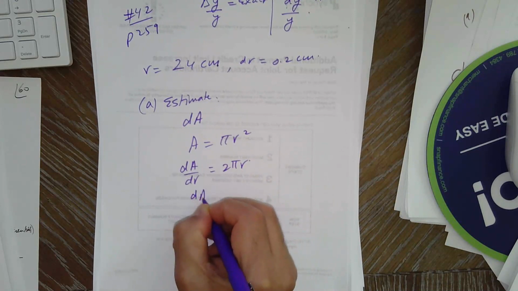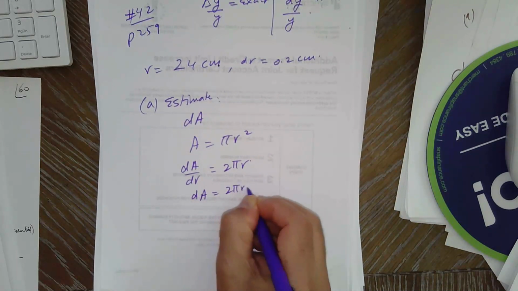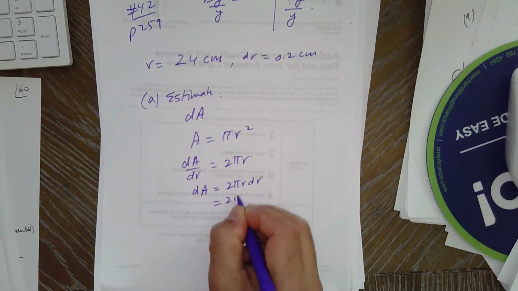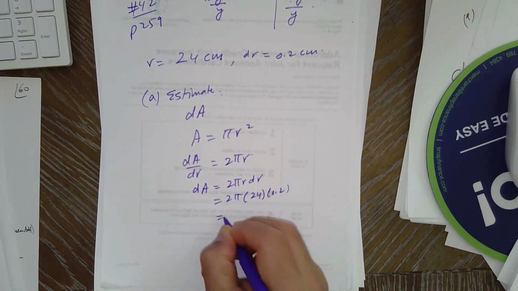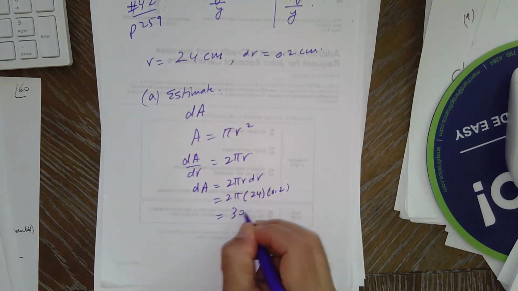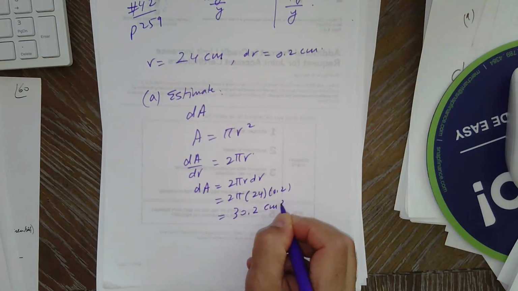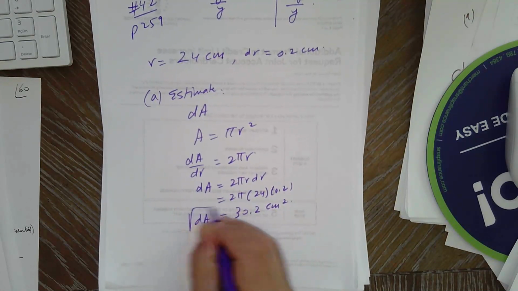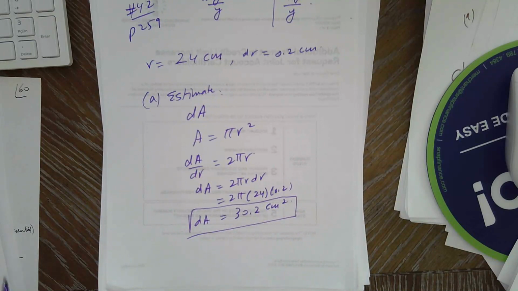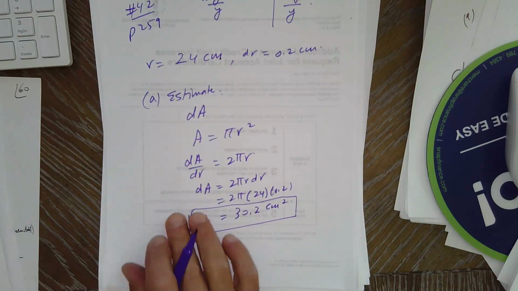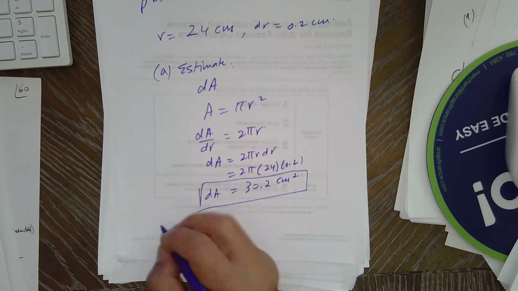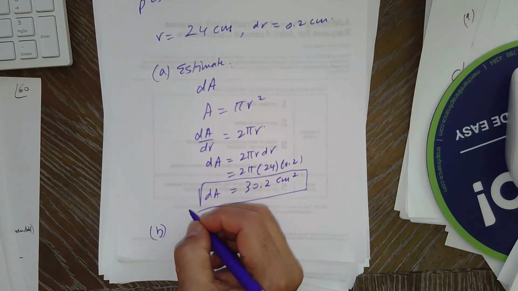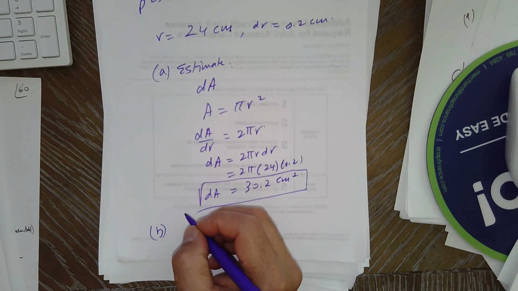So dA is 2 pi r dr. 2 pi, r is 24 and dr is 0.2. So the maximum error in estimating the area is 30.2 centimeters squared.